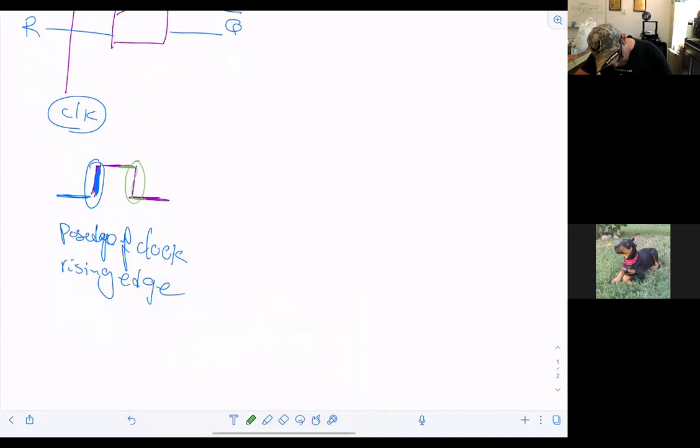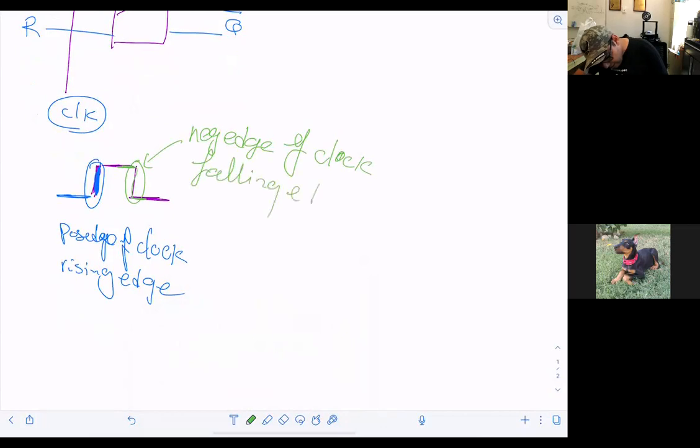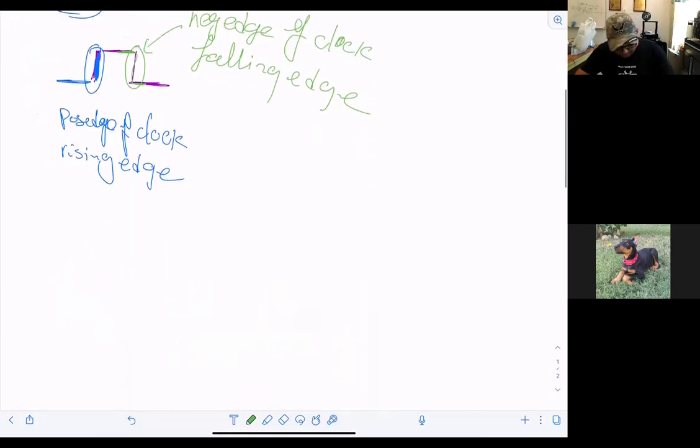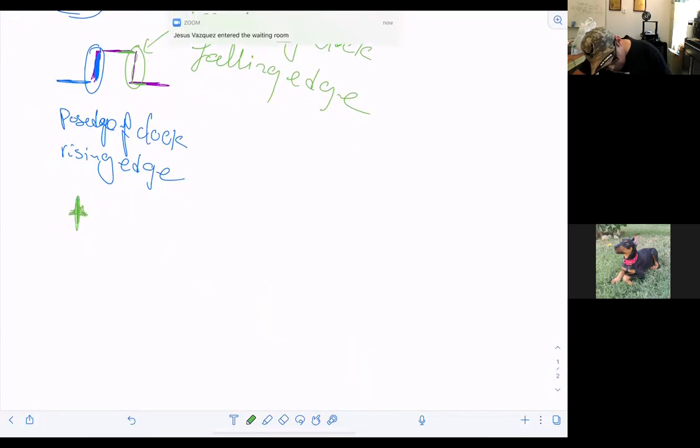So this one is called the negative edge of the clock, or the falling edge. Sounds good? Normally, if we would like to write it in the truth table, how can we do it? We just do it like that. That's called positive. That's called falling. Okay.